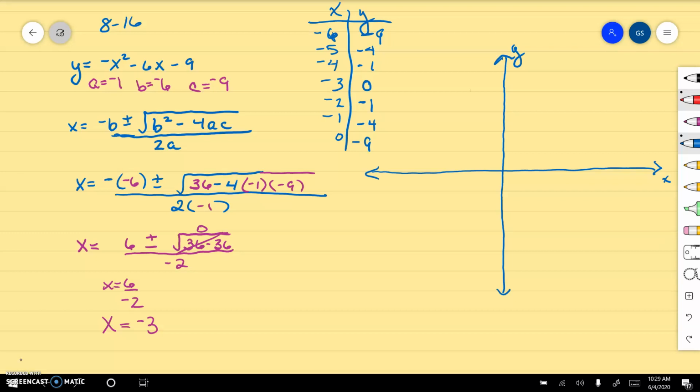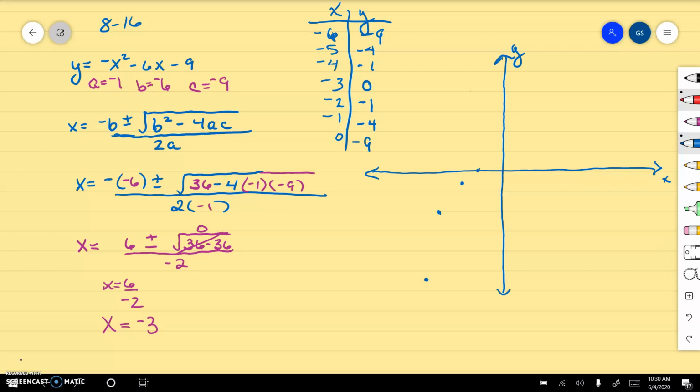So let's say 1, 2, 3, 4, 5, 6, negative 9. Negative 5, negative 4. Negative 4, negative 1. Negative 3, 0.